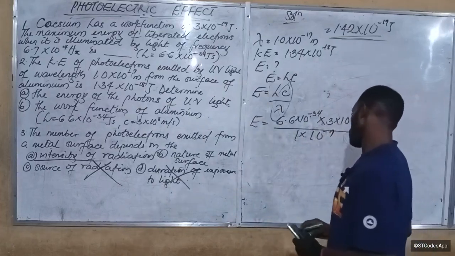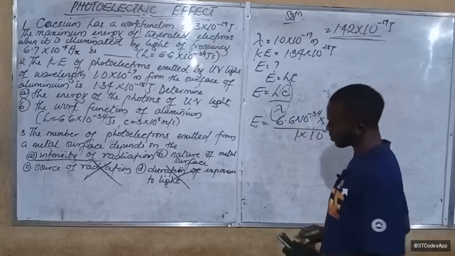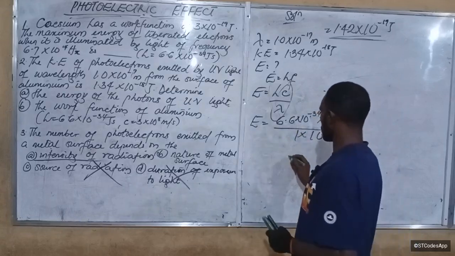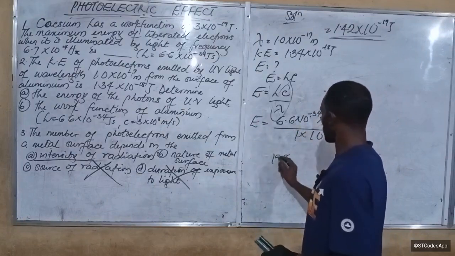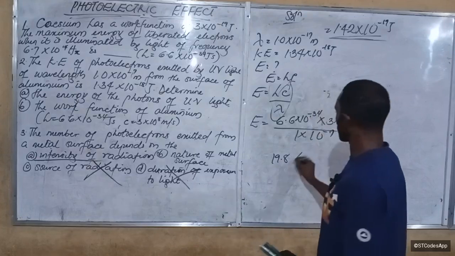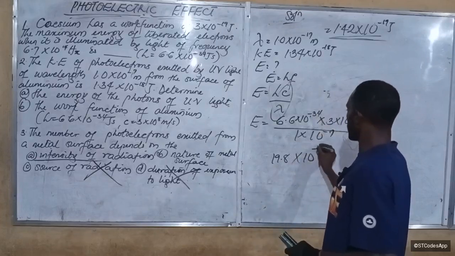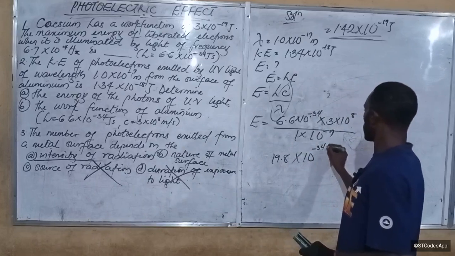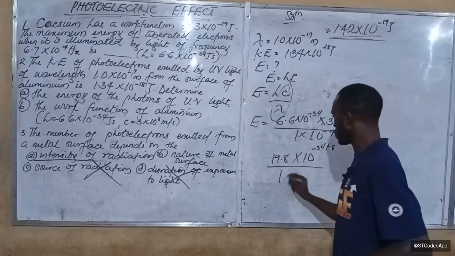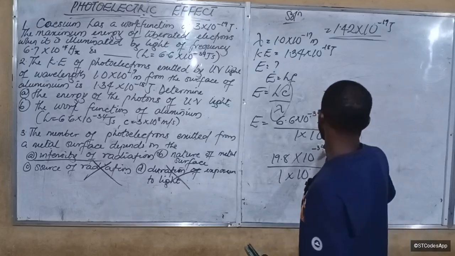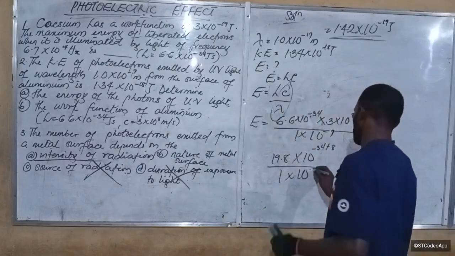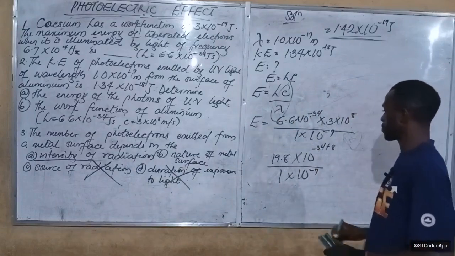Okay, so from here 3 times 6.6 would give us 19.8 times 10 to the power minus 34 plus 8, all over 1 times 10 to the power minus 7.